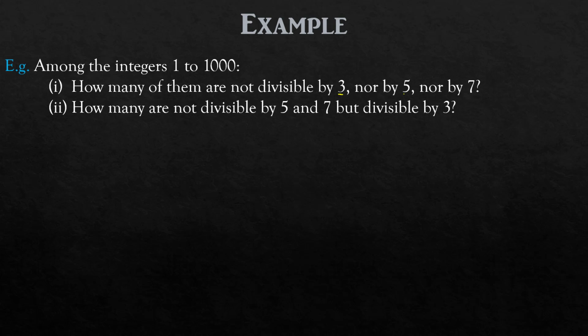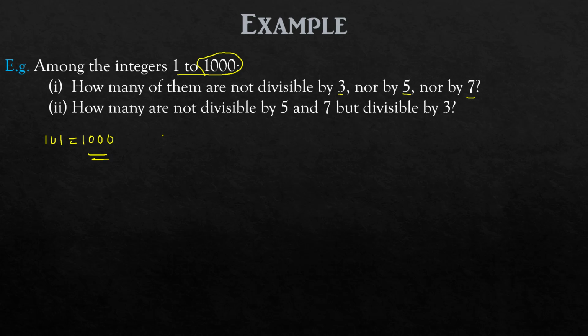The numbers which are divisible by 5. The numbers which are divisible by 7. Right? Again, this is the universal set, the total number of elements. Okay? So, number of U is equal to 1000.